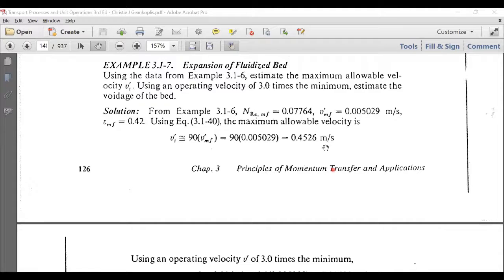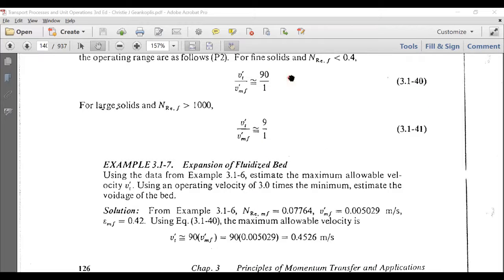So first assume, because we do not know the operating velocity yet, right? That's why we use the NRe,f as a standard for us to choose whether we use equation 3.140 or 3.141.